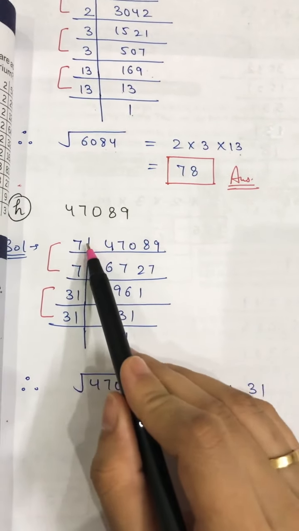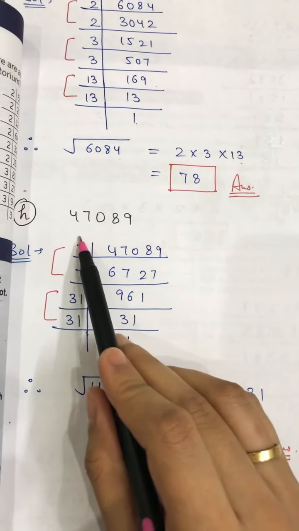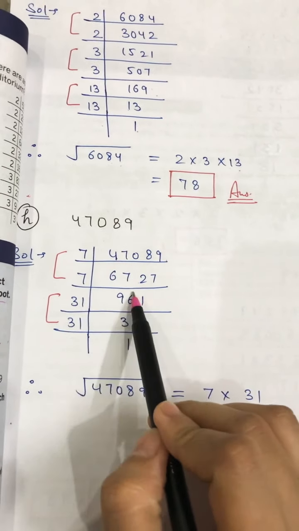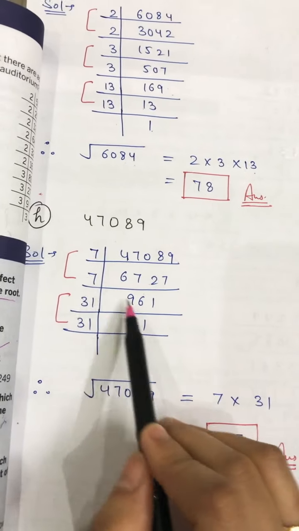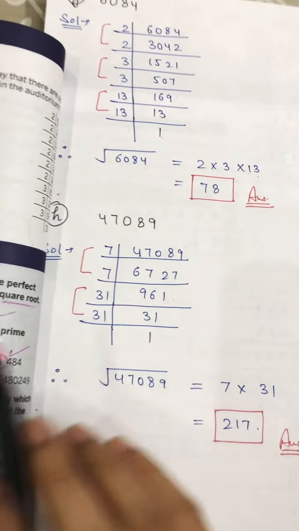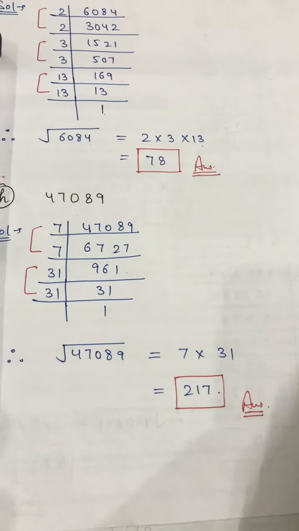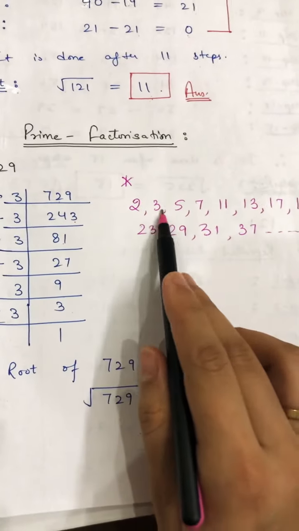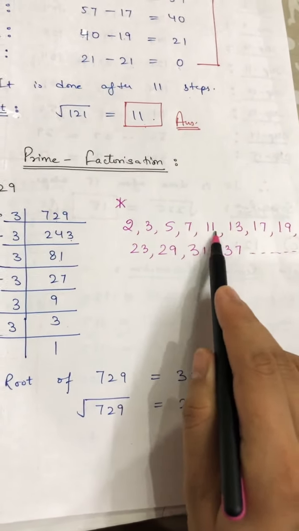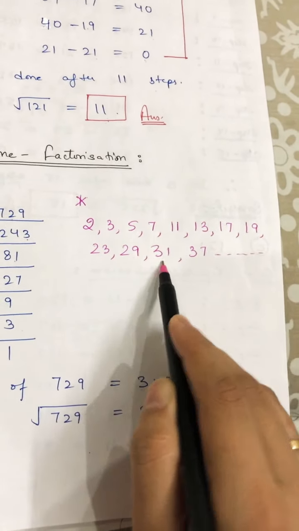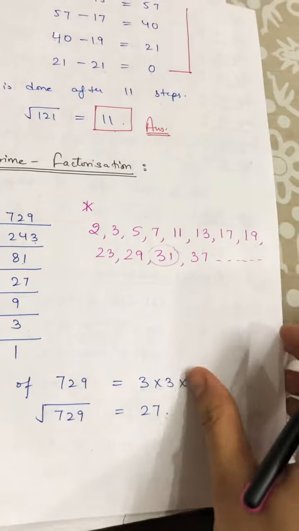Okay. So next is H part. 47089. It will go on the 7 table. It will not go on 2, not on 3, not on 5. It will go on the 7 table. Okay. Again it will go on the 7 table. Then 961 is left. 961 is not going on 2, 3, not on 5, 7, 11, 13, 17, 19, 23, 29. It will go on 31, sorry.